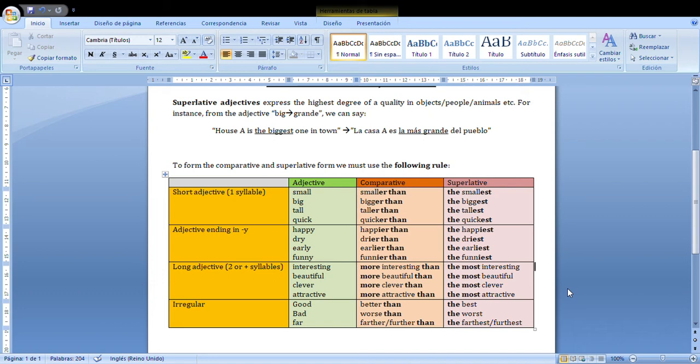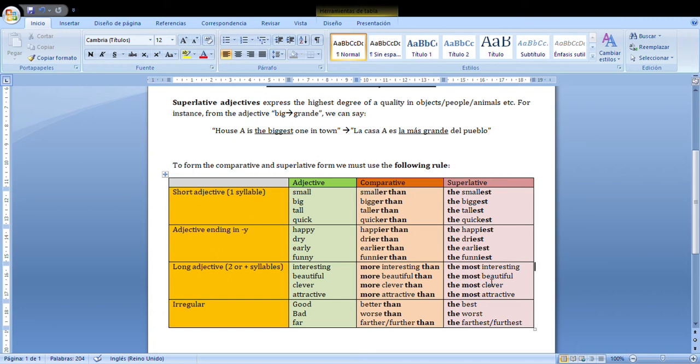And for the superlative, we use the, as always, and then instead of adding more in front of the adjective, we have to add most, el más. So the most interesting. Beautiful, more beautiful than for the comparative, and the most beautiful. More clever than, the most clever. More attractive than, and the most attractive.